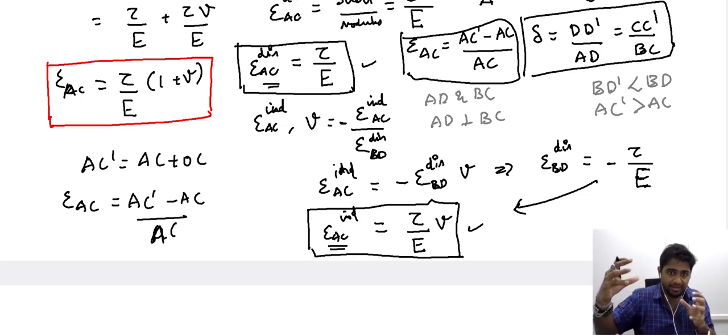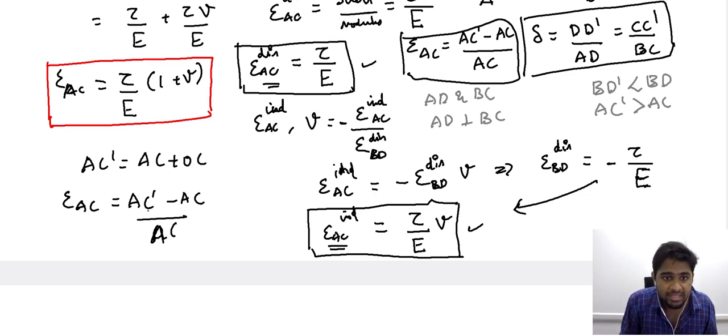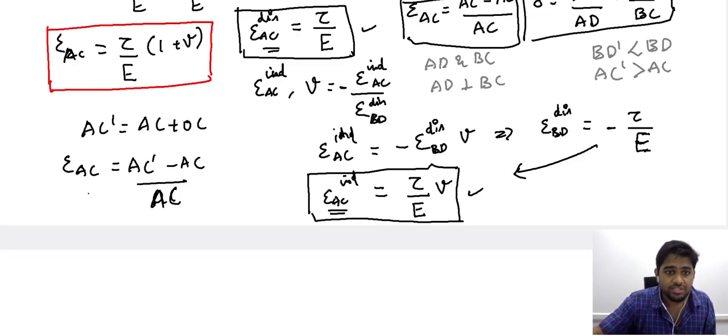We are considering a diagonal element AC which has increased its length to AC prime. So the deformed length takes the first position, the original length takes the second position, and we take the ratio with respect to the original length. Now we have an expression for AC prime by introducing a point O along AC prime, so we will substitute this expression here.